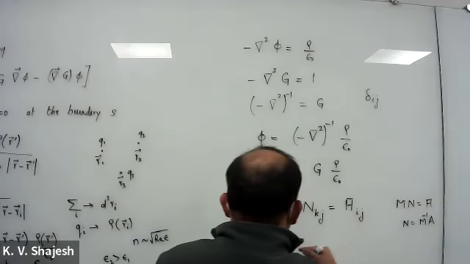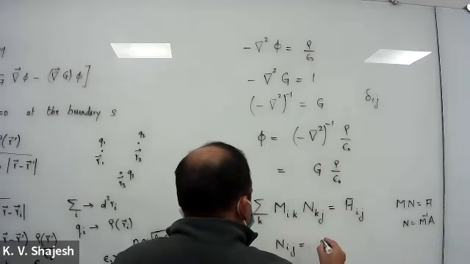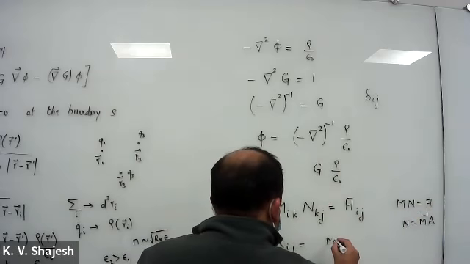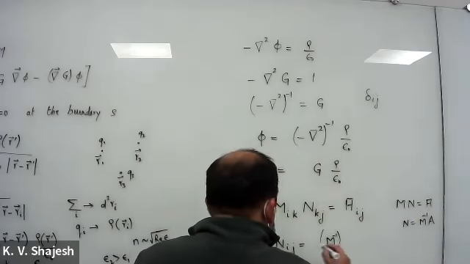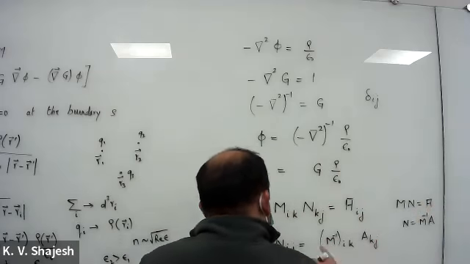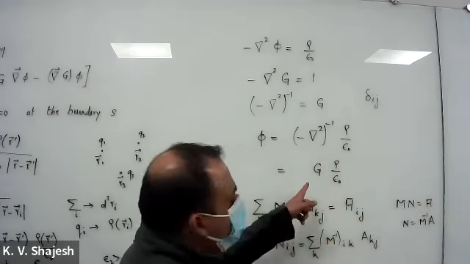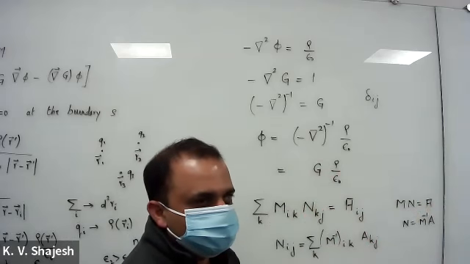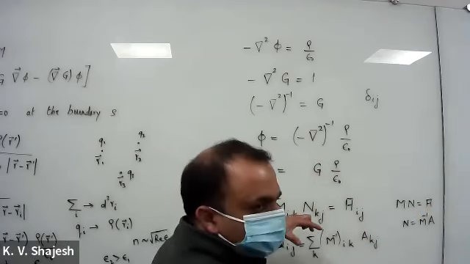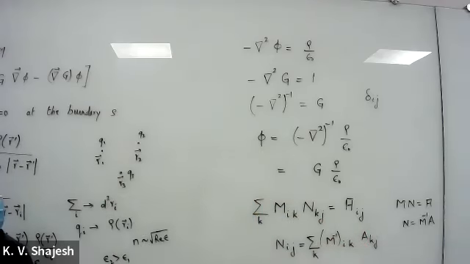So when I write it in this form, N_ij will be equal to M inverse of I, K, and then A, K, J, and then I have put that summation back. That's what that integral is doing, if that helps you. Symbolically, we are suppressing the integral and then bringing it back out in detail.